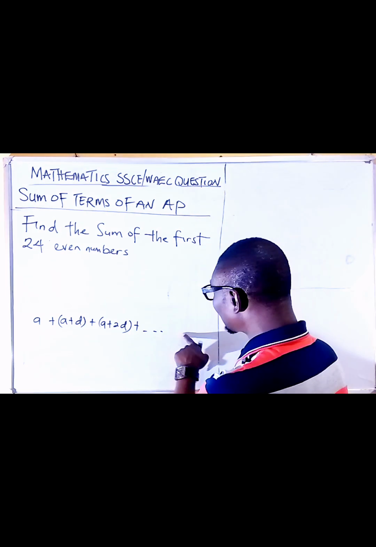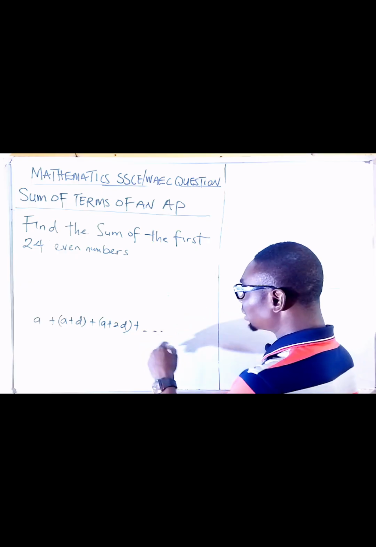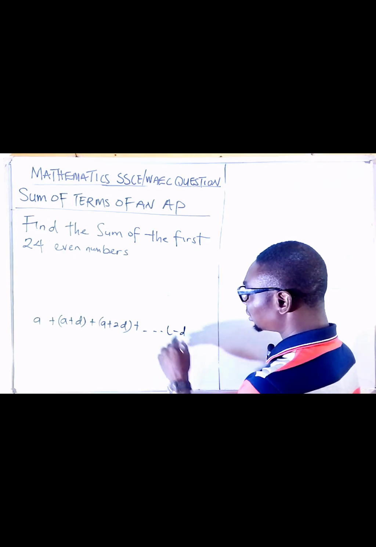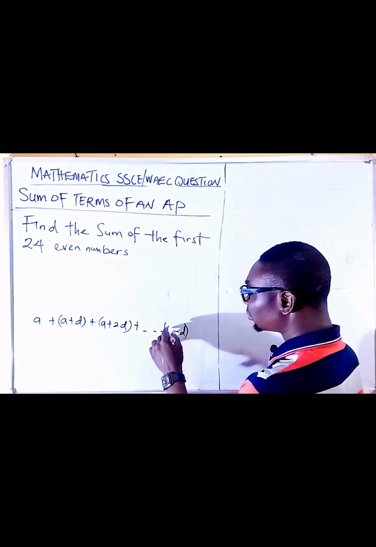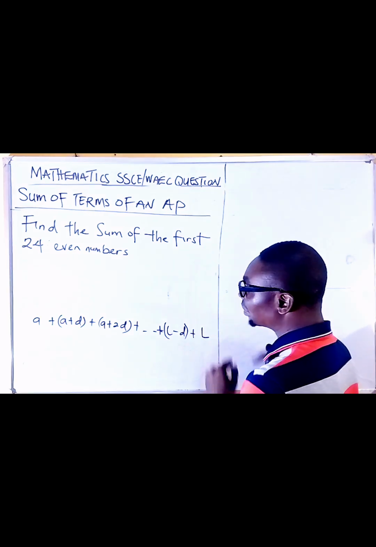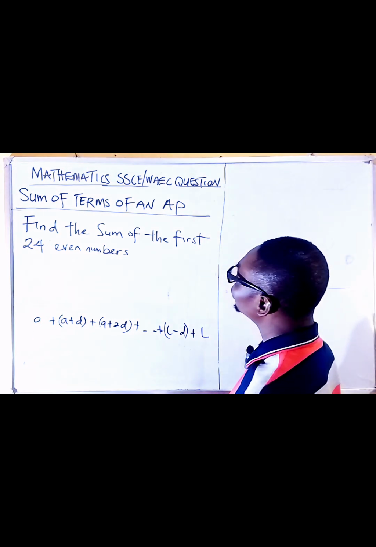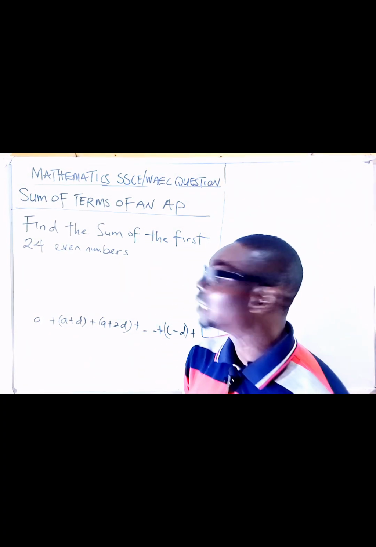Let's say the second to the last term now. The last term is represented as L. Now the second to the last term will be L minus D. Then the last term will now be L. So this is the general formula for the sum of terms of an AP.